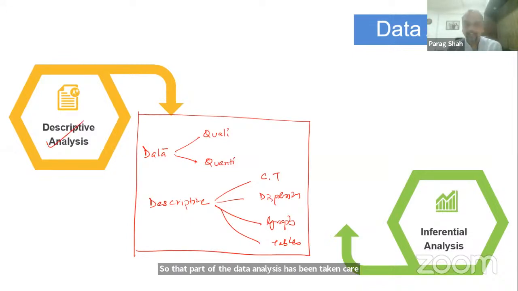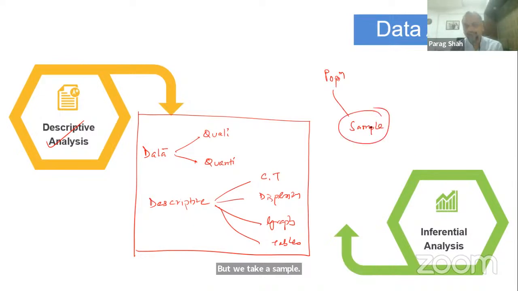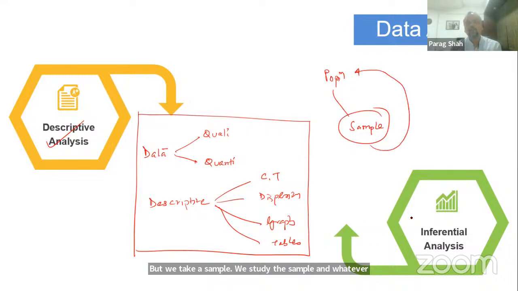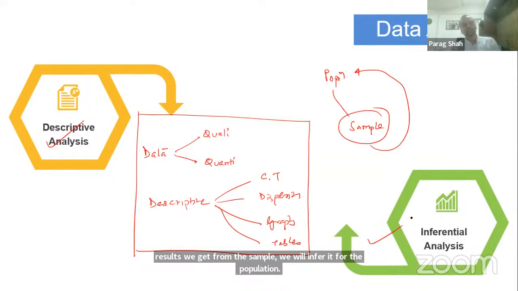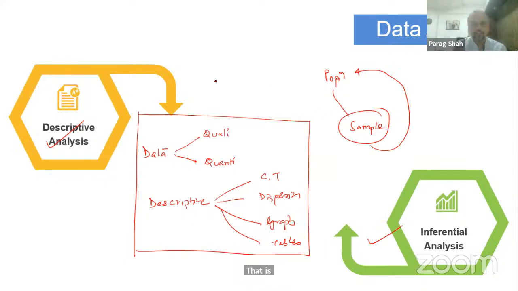Now we are going to the second part. We want to study the whole population, but we take a sample, we study the sample, and whatever results we get from the sample, we infer for the population. That is called inferential statistics. So now we are going with hypothesis testing.